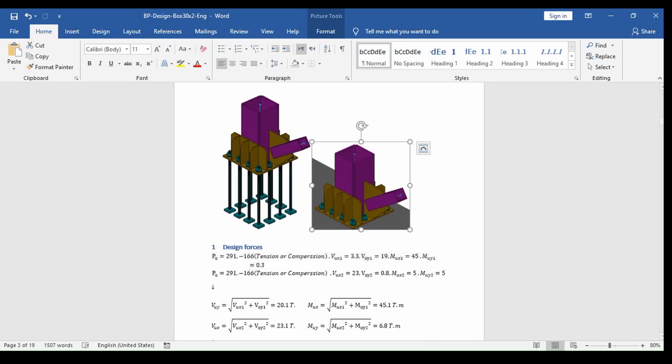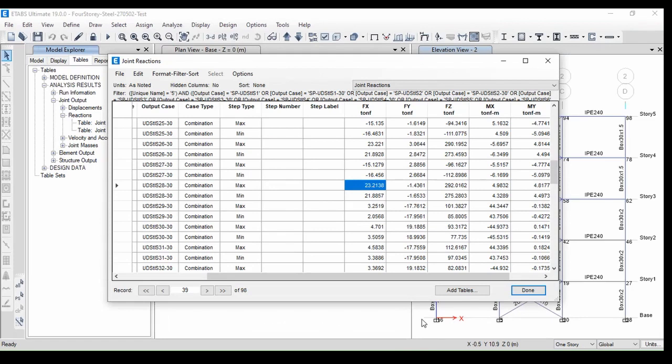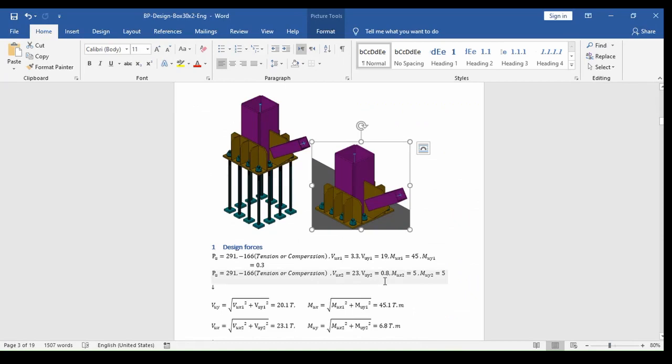Just keep in mind that the maximum VUY happens when the maximum MUX occurs, and also the maximum VUX happens when the maximum MUY happens. So put the maximum VUY and maximum MUX in the same load combination, and the maximum VUX and maximum MUY in the same load combination.